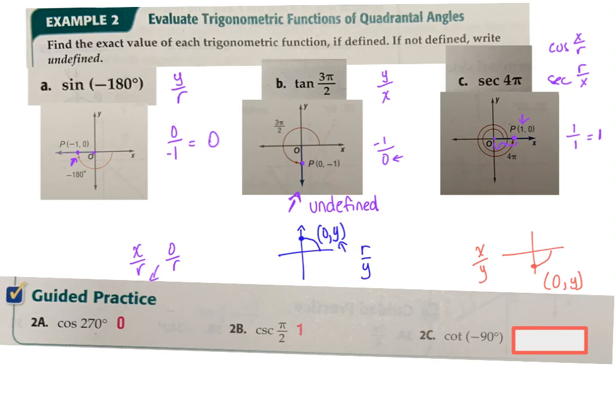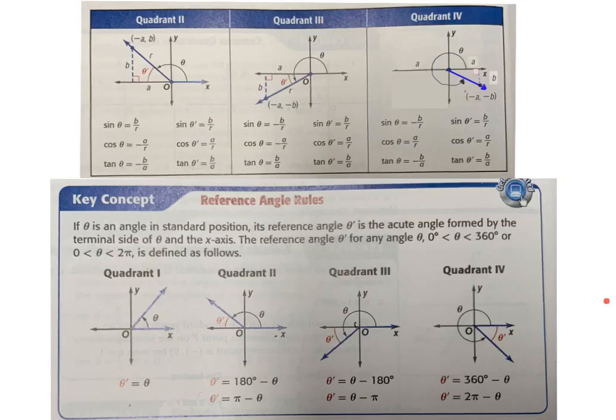So this one's going to be 0 at negative 90. All right? So what happens then is you can start using some of your common angles because they are always going to happen the same way. It just changes what quadrant it's in, because of positive and negative.